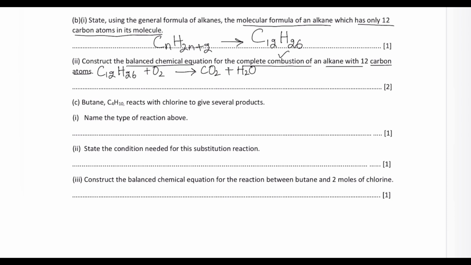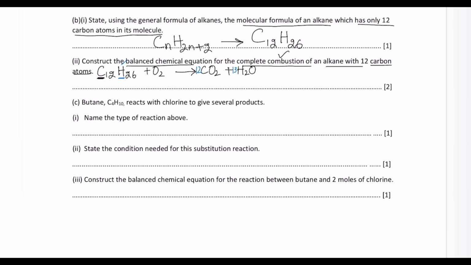Now we will balance this equation. There are 12 carbon atoms on the reactant side, so there must be 12 carbon atoms on the product side as well. Then hydrogen atoms, there are 26 hydrogen atoms on the reactant side, so there must be 26 hydrogen atoms on the product side. So we will write 13 with the water.